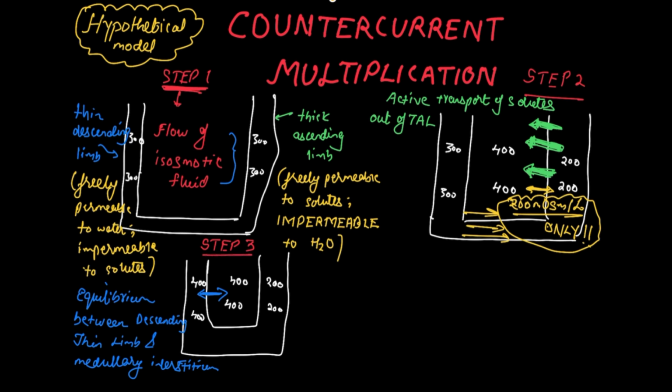Now we are moving more to the easy part. The first 3 steps, these are the 3 main steps. Now the fourth step. The fourth step is again flow of this fluid from the thin descending limb into the thick ascending limb.